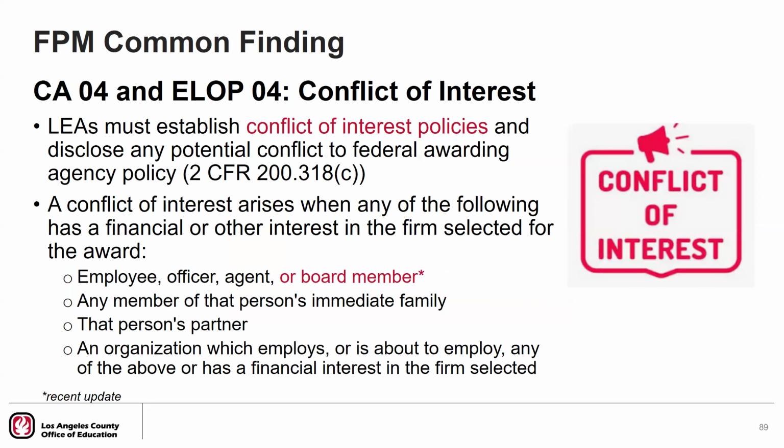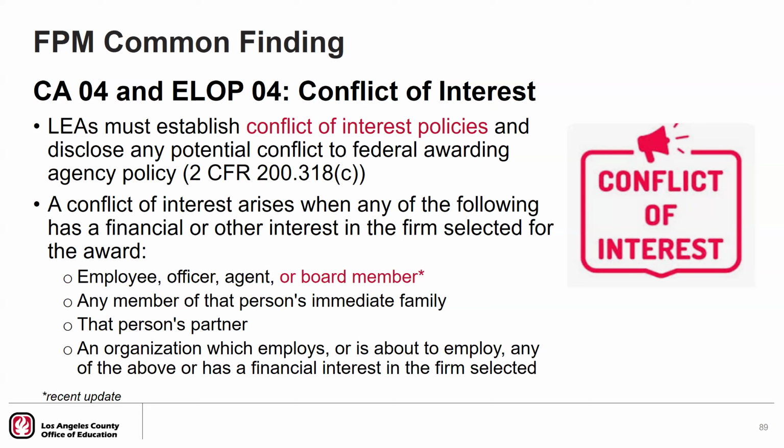As part of procurement, LEAs must establish conflict of interest policies and disclose in writing any potential conflict to the federal awarding agency. A conflict of interest arises when any of the individuals listed here has a financial or other interest in the firm selected for the award.